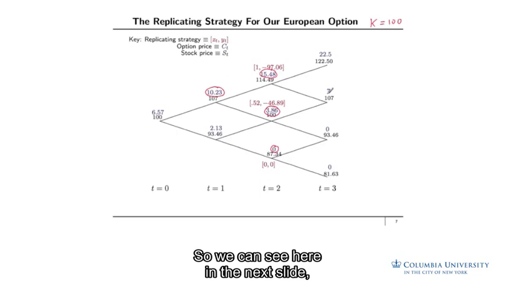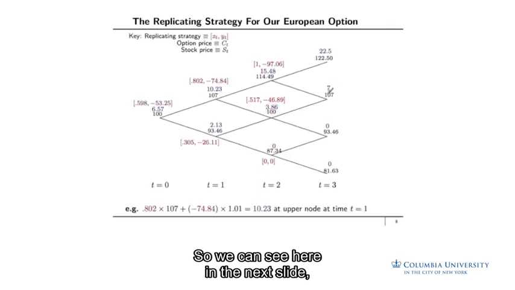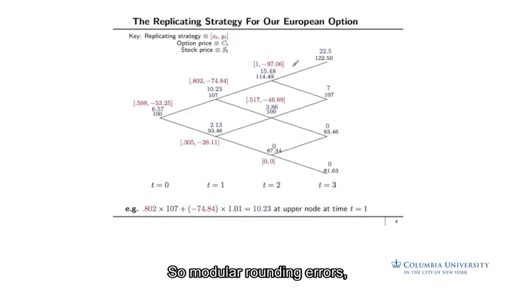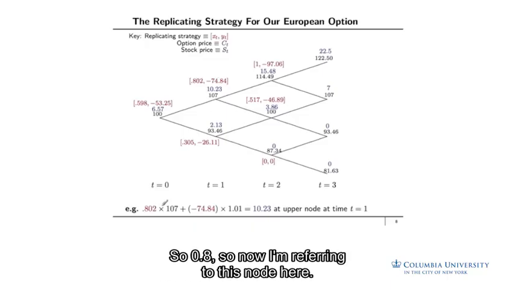Okay, so we can see here in the next slide the replicating strategy. Modulo rounding errors, these numbers are correct. If I put in additional decimal points, the slide would look too cluttered. So XT, YT. And what you can actually see, for example, down here, is 0.802, so now I'm referring to this node here.